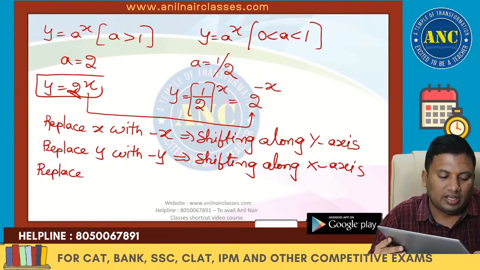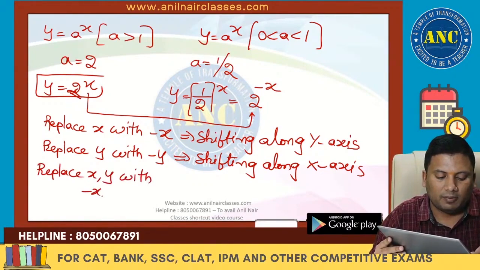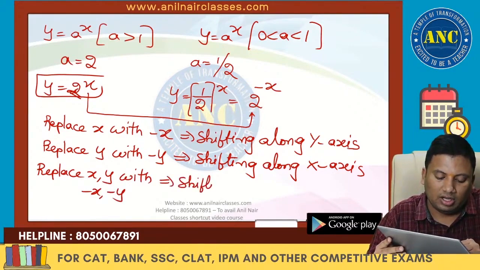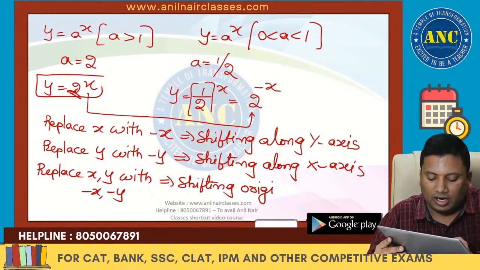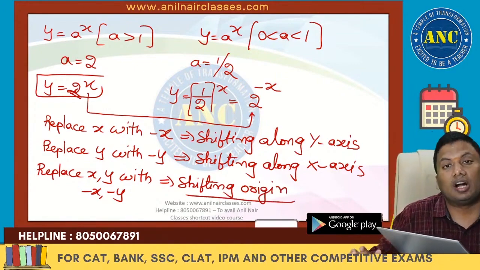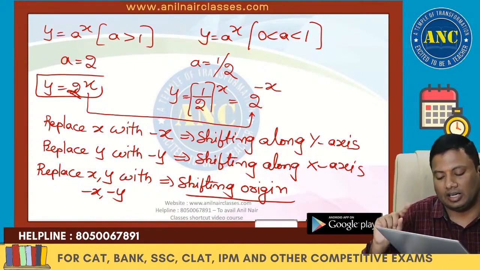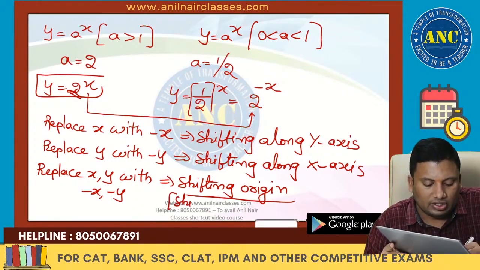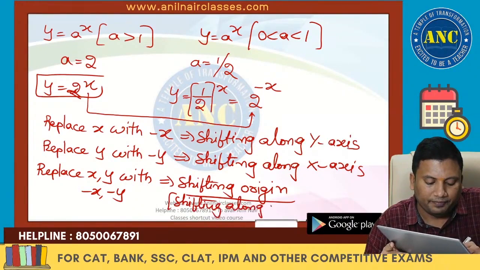If I replace x comma y with minus x comma minus y, it is shifted along the origin. When I say it is shifted along the origin, the first quadrant graph will get into the third quadrant, and the second quadrant graph will get into the fourth quadrant.